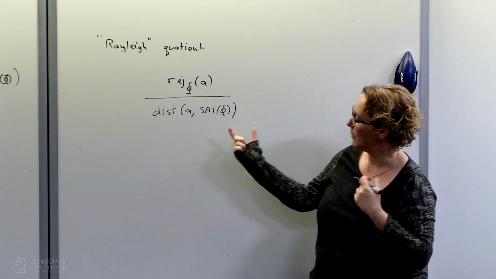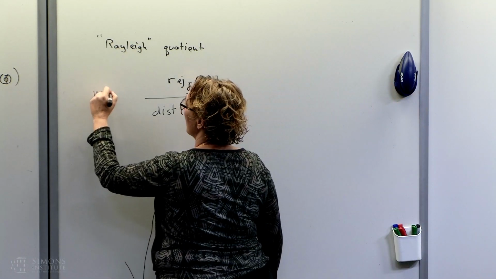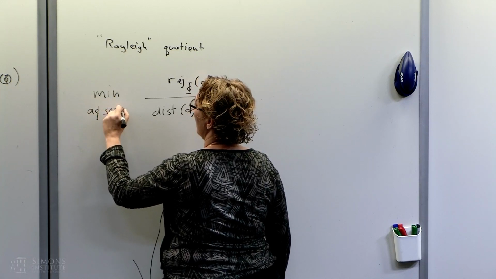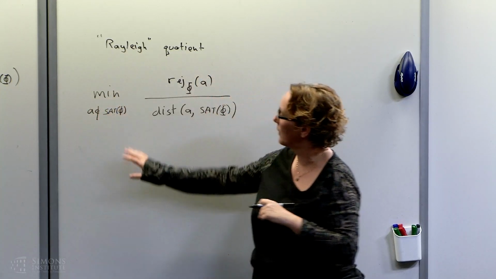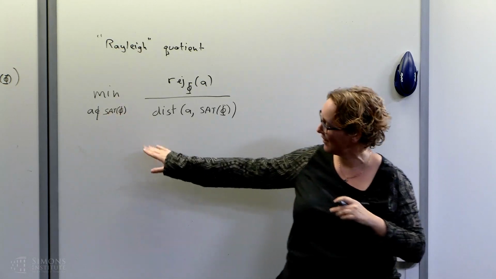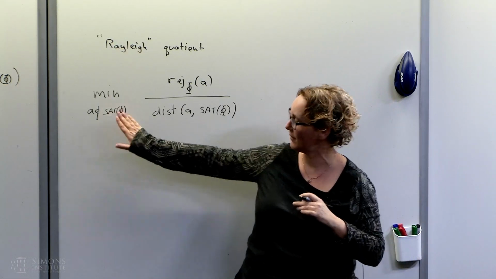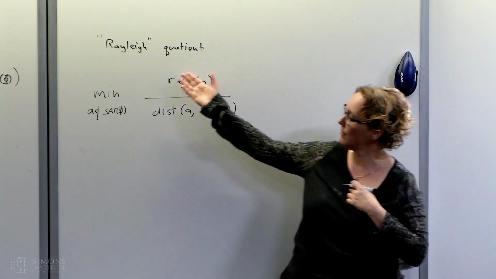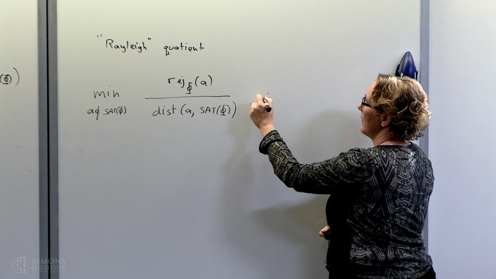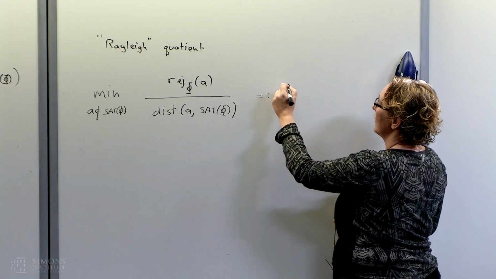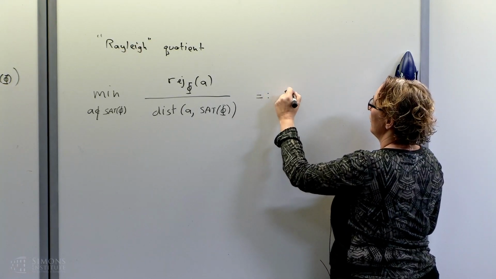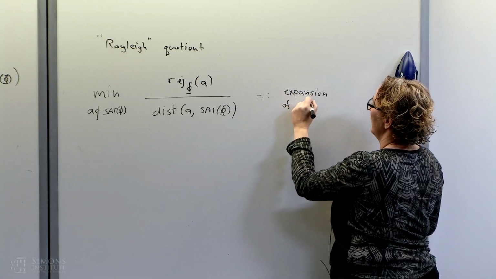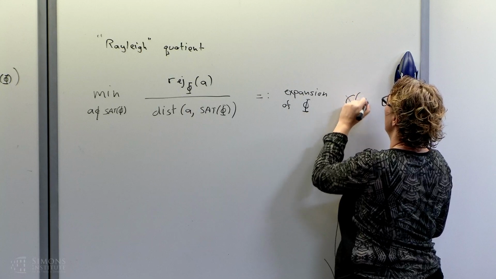And maybe I can even minimize over all A's not in this set. Let's ignore the case where this is the entire {0,1}^n. Suppose that's not the case. Okay, so define this, and I will call this the expansion of phi, denoted gamma of phi.